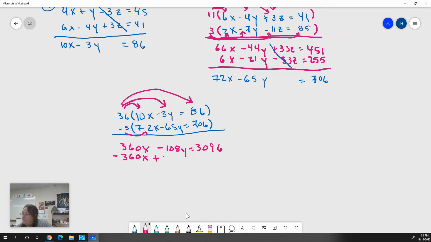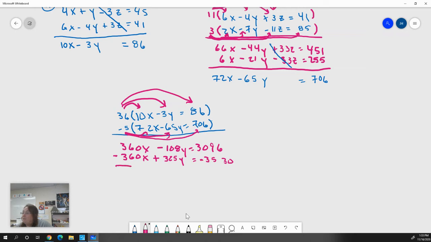And that is going to be 325y equals 706 times -5. We did this one. Now we're going to do this one. -5 times a positive number is definitely going to be negative, and we're going to get 3,530. Will all your numbers be this big? Gosh, I hope not. That is not my plan for you.